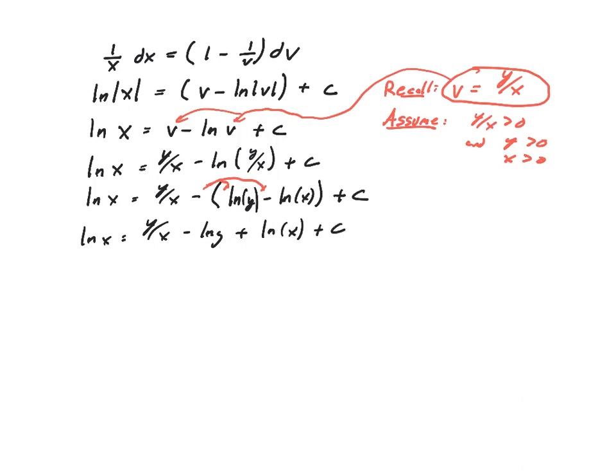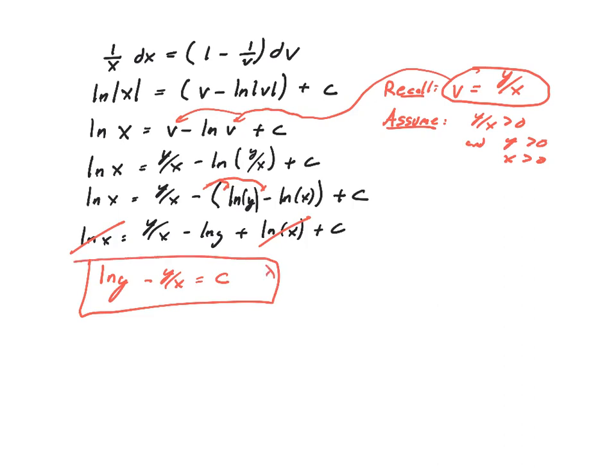And then you'll notice that the natural log of x's are on both sides. You cancel those out, and you can bring the negative natural log to the other side. But really you're just left with the natural log of y minus y over x is equal to a constant. And that's your final answer for that. Cool. So basically this just had a lot of algebra and manipulation to simplify it, but the idea was the same.